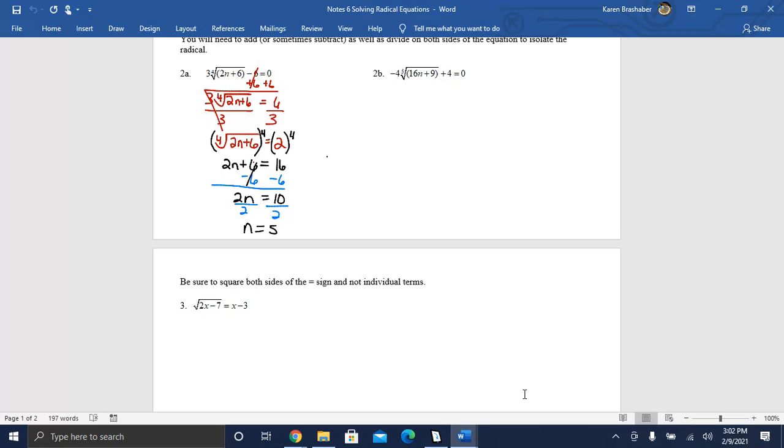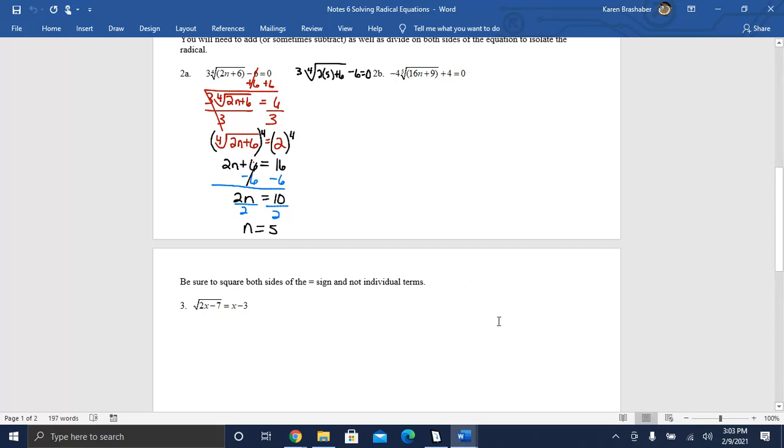A quick check. And when you do check, you need to always go to the original problem to do your check. So that can just amount to subbing in and actually typing it into Desmos if you need to. So for the check for this, we'll put in 3, and then we have the 4th root of 2 times our answer, which was 5, plus 6, and then minus 6, and we want to know if that equals 0.